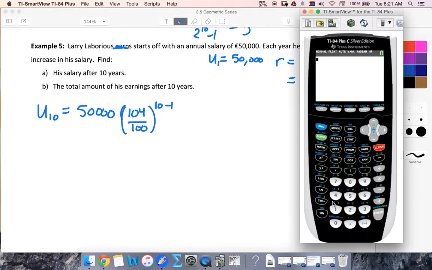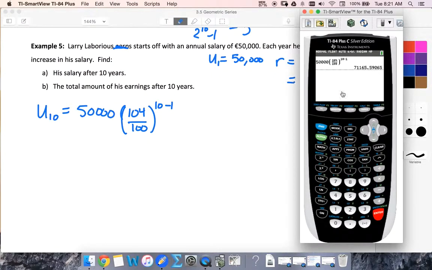So let's put this in. 50,000, parentheses, fraction, 104 over 100, close parentheses. And I need the parentheses because I'm raising that whole thing to the 10 minus 1. Or, of course, you could type in 9.